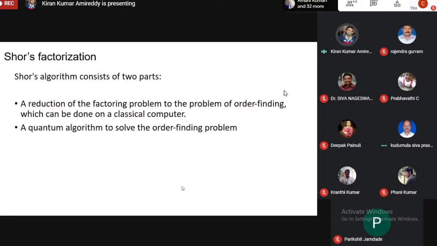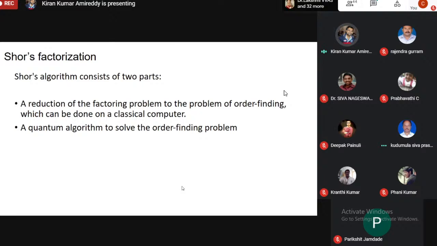For a given number that we are looking to factorize, we'll try to solve some part of the program in a classical computer. Once we generate that essential thing, which is the input for the quantum algorithm, then we'll take the help of the quantum algorithm to solve that particular thing.